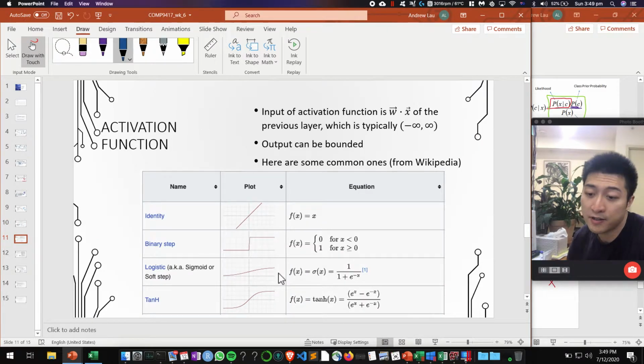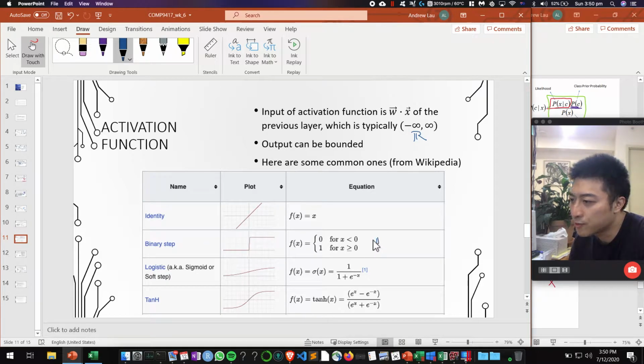So activation functions. There's quite a few activation functions. An activation function is what you apply to the weight and the input of the previous layer, right? And typically the domain coming in is real, and the output you often bound using one of these activation functions, right? So the one we've seen so far is the binary step function.